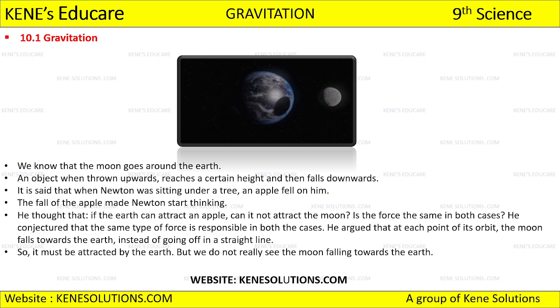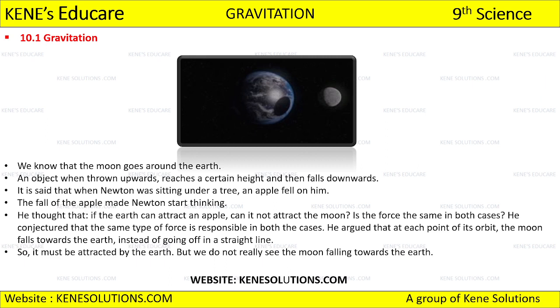Then we have an object when thrown upward. Whatever you can find beside you, like your eraser or your pen, just throw it upward and you will find that it will reach a certain height and then fall downward again. You throw your object upward, it reaches a certain height and then falls down again.